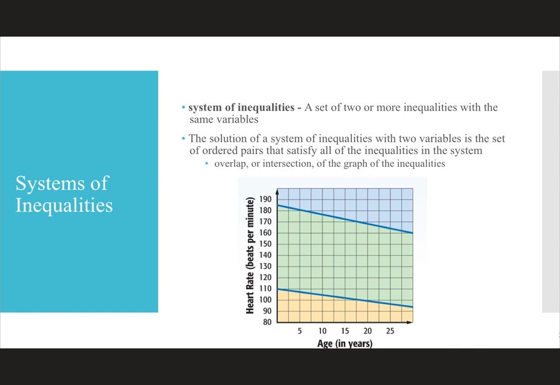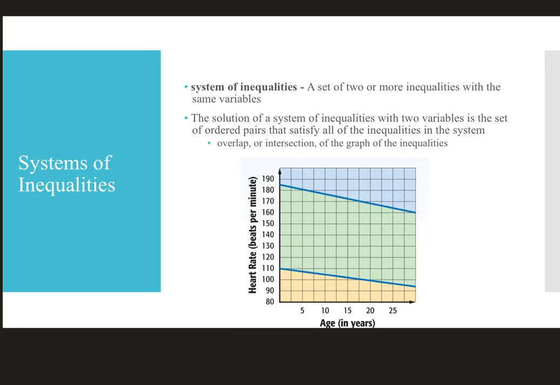Now, a system of equations is when you graph two graphs, or two lines, and your solution set is the overlap. So if I were to have two lines right here, a blue one going this way, and a green one coming this way, the answer to this system of equations would be this point right here, the overlap.